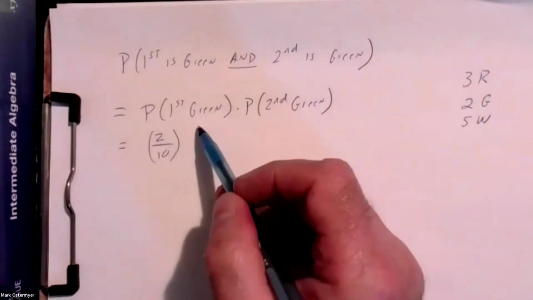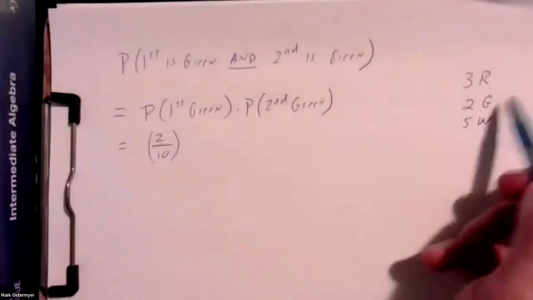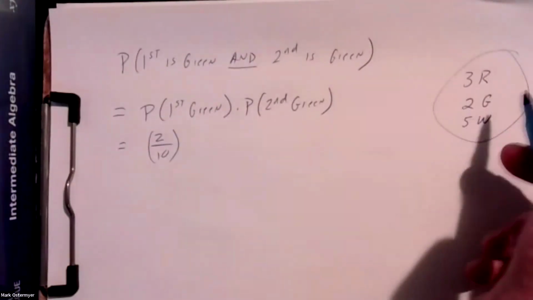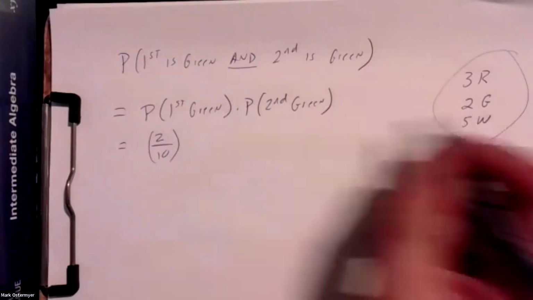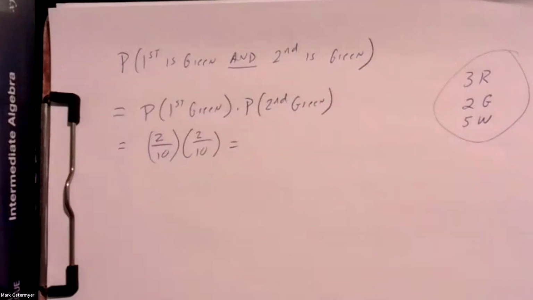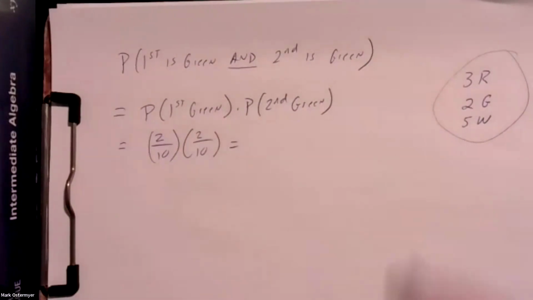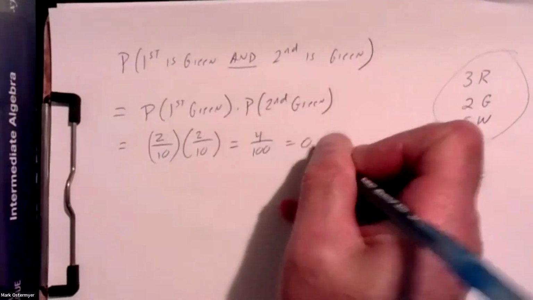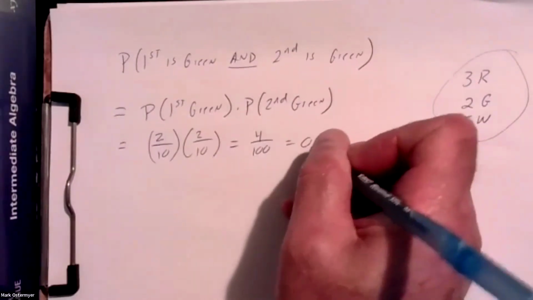So if we select a green ball in the first selection, we replace it back into the urn, and then we reach in again and pull out a second ball. Probability of second ball is green will also be 2 over 10. So the probability of getting a green ball, replacing it, and then selecting the green ball again would be 4/100ths, or 0.04 or a 4% chance.